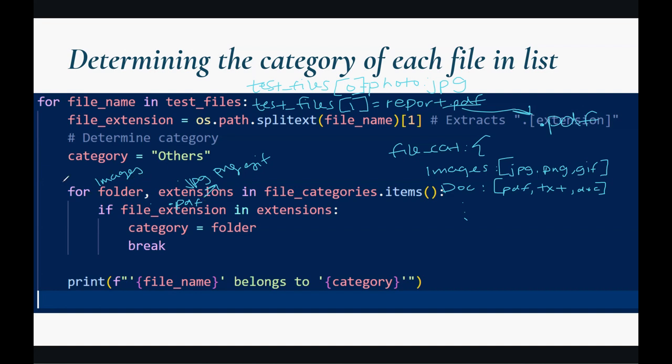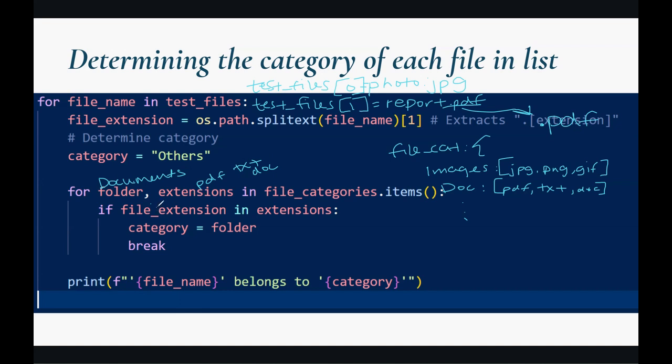It's not. So this category update does not happen. And then we go through another round in our loop. So we've looked through images. Now we've got to check, okay, we're looking at the documents folder now. And the extensions for documents are PDF, text, and doc.